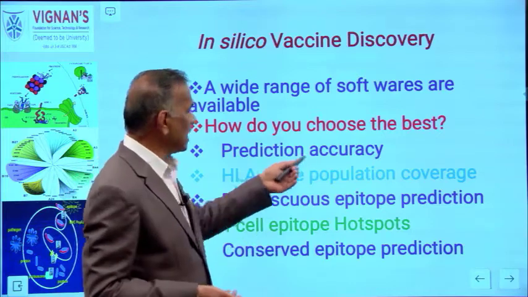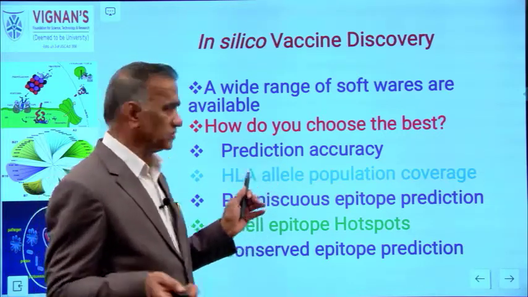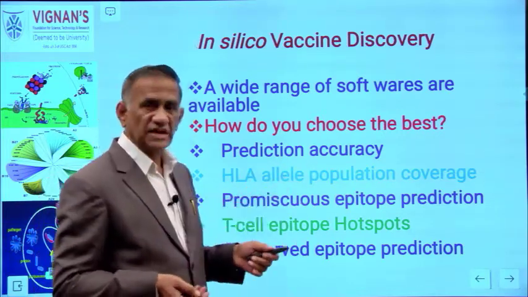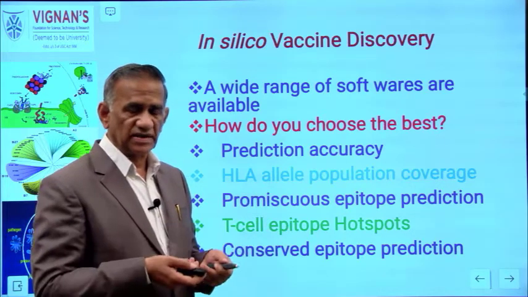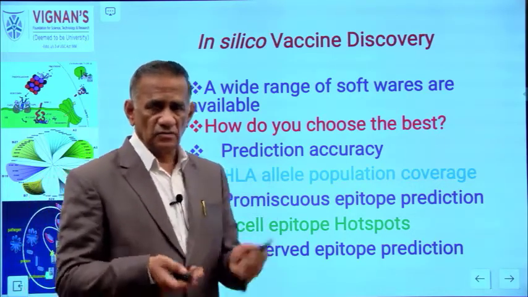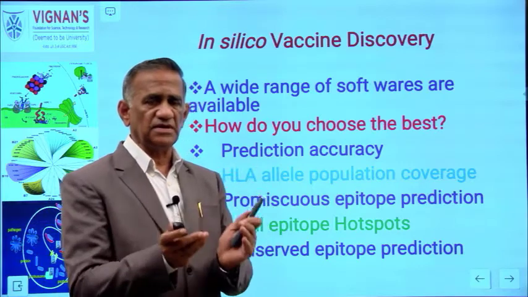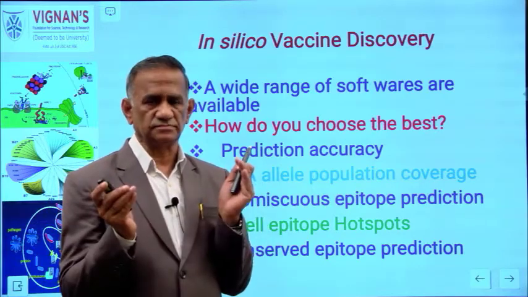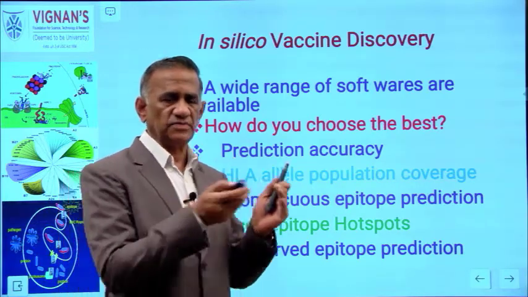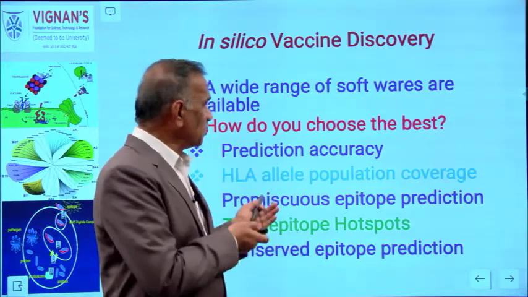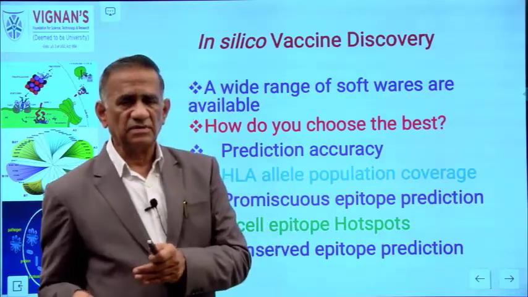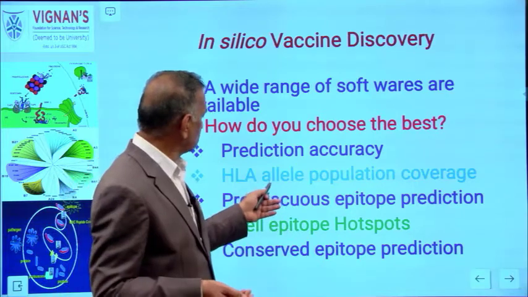So now prediction accuracy should be there. HLA allele population coverage. See, if you are working with any vaccine, we have to take our Andhra people, what are the HLA haplotypes. So for those HLA haplotypes, where the epitope that you are designing, what is the type of the vaccine. So that's what you should know.